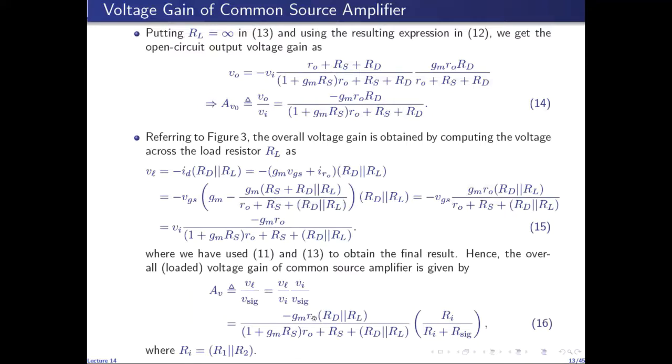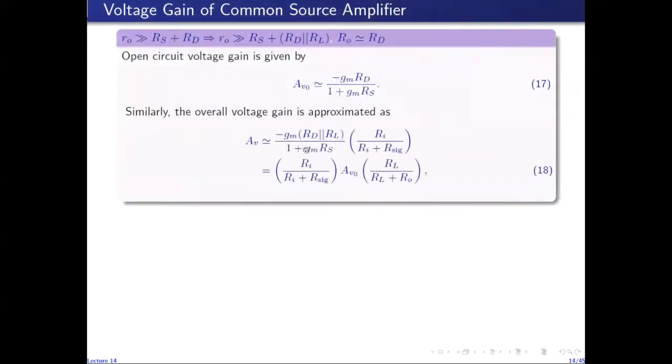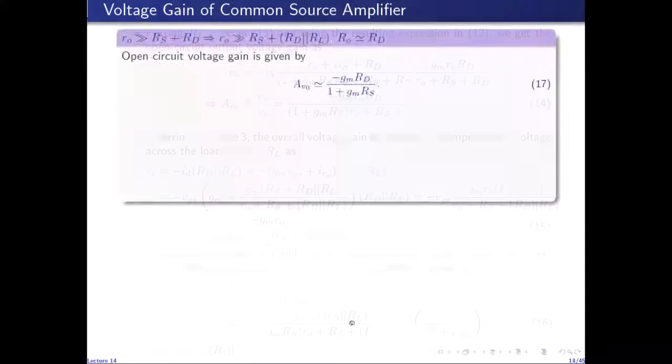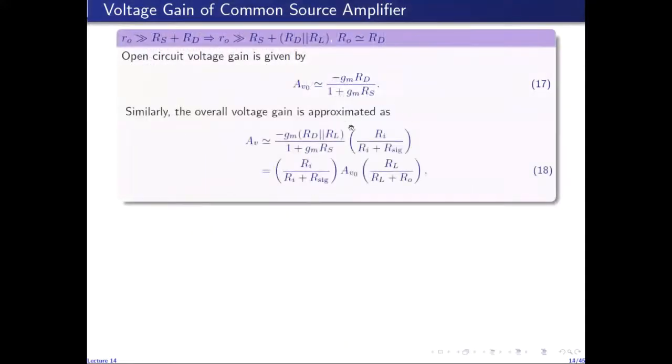And then in the numerator we have small r naught and the other terms, so small r naught gets cancelled, and the overall loaded voltage gain of the amplifier is given by the factor of 1 plus GMRS in the denominator, and minus GM times this parallel combination in the numerator times this loading factor. So again, this is a more commonly found expression for the loaded gain of common source amplifier.